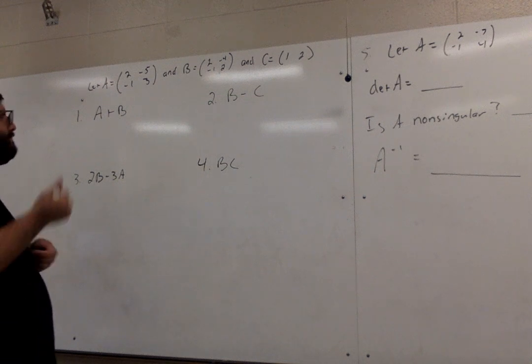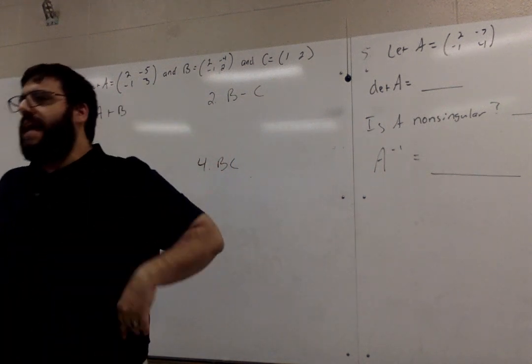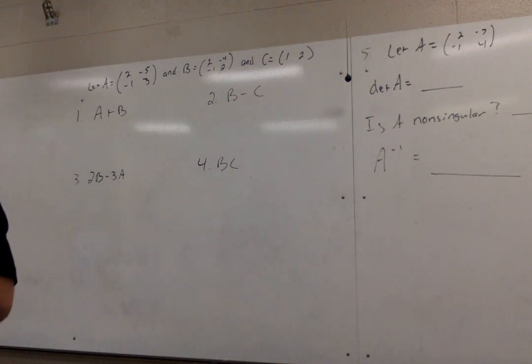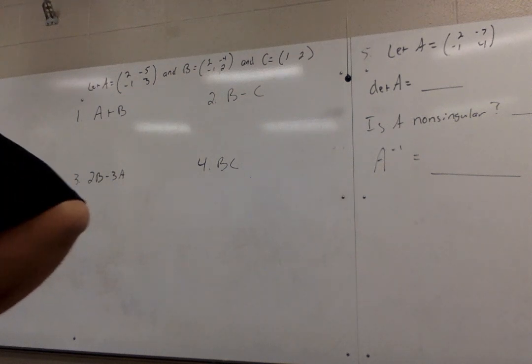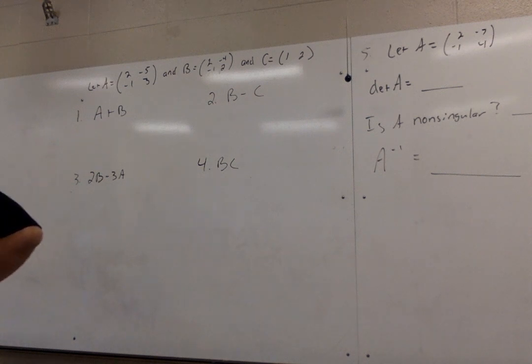Well, I'll get to that in a minute. So A and B are both 2x2 matrices, so we can go ahead and add them. If I'm adding them together, and they're both 2x2 matrices, what are the dimensions of my answer going to be? Good, Donnie. Yes, 2x2. For addition and subtraction, you do not change the dimensions. The only time that you change the dimensions is for matrix multiplication.